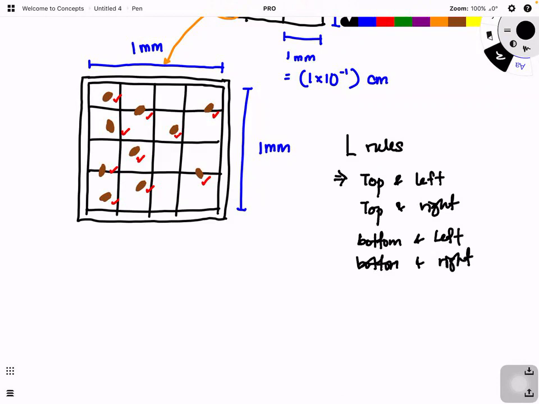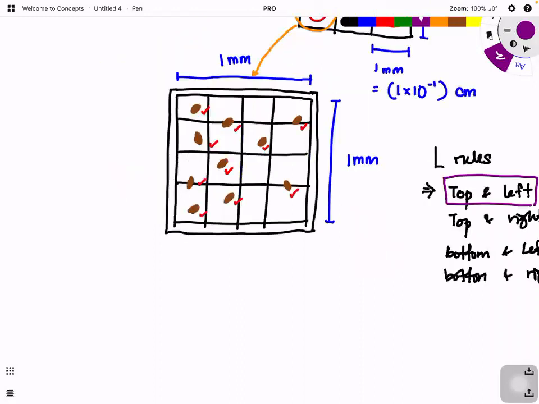Now, let's say I already define I'm going to use a top left L shape. So I'm going to follow these two lines. Only the cell that touches these two lines, I will count it.